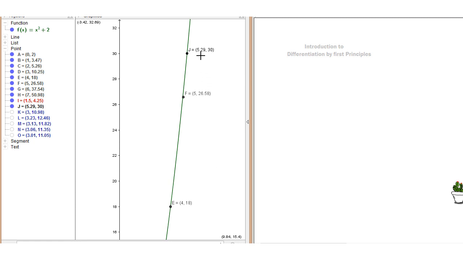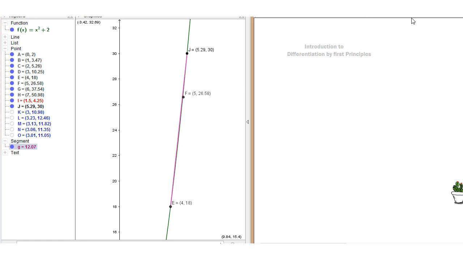Okay, so we can now work with this point J and this point E to calculate the car's average speed, right? And we know that in order to do that, we just connect the 2 points, and the car's average speed between those 2 points is simply its rate of change, right? So that's just simply calculating the gradient, right?